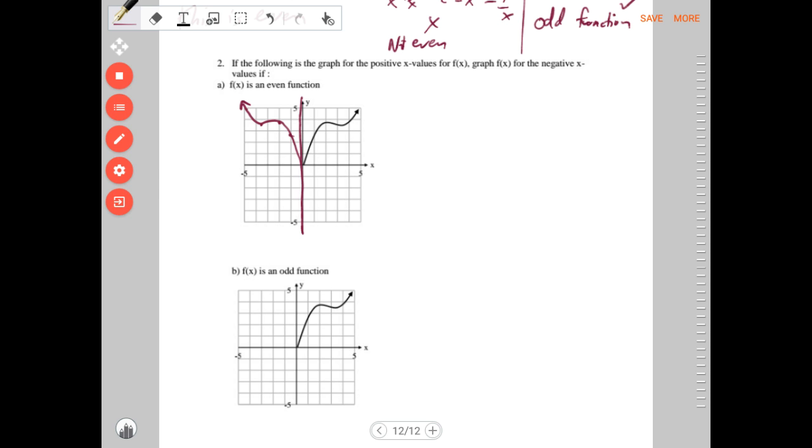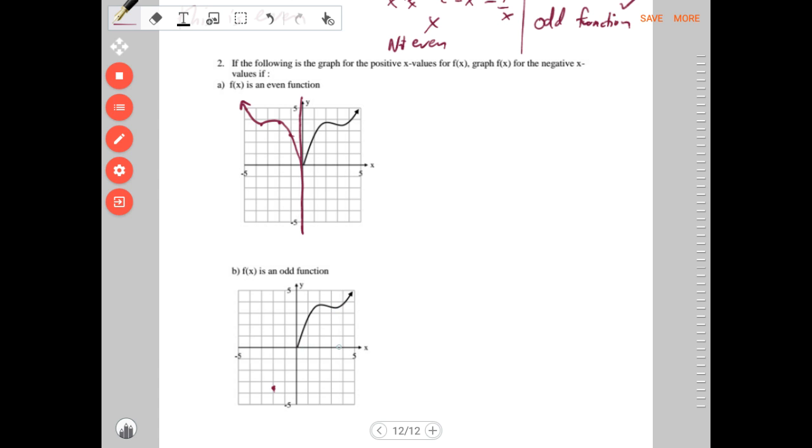To be an odd function, remember we have to flip it all the way around the origin. So for this to be an odd function, let's see. This guy here is 2 and about 3.5, so it's going to be 2 over and 3 and about there somewhere. This minimum is going to be at like 3.5, and who made these things? Geez, I tell you. I'm kidding, I could have changed that, but I didn't.